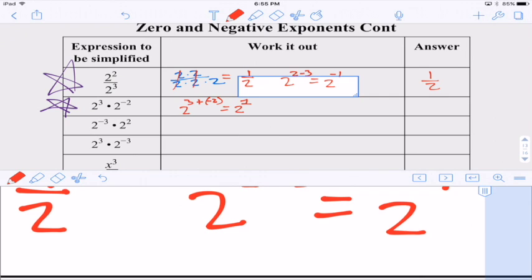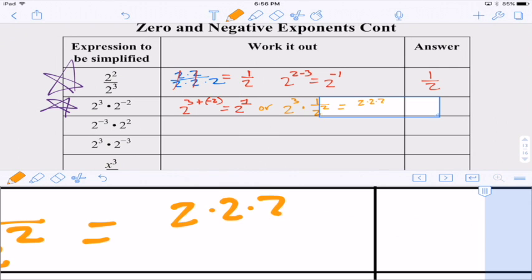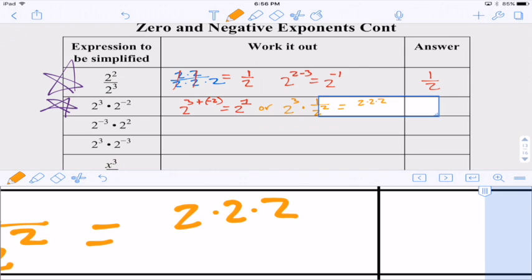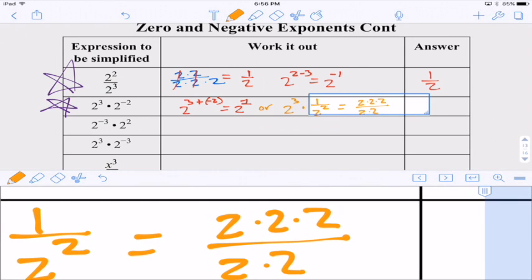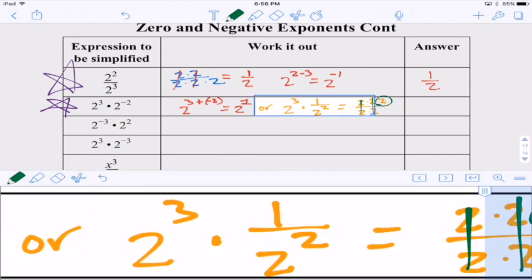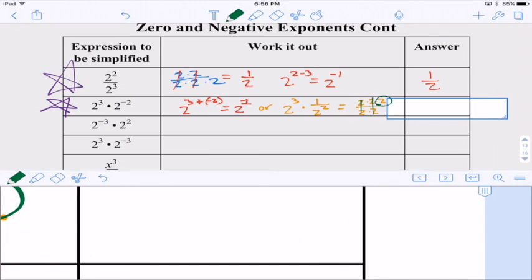Okay, that negative made me flip. So what really happened was we have 2 times 2 times 2, that 2 cubed, divided by 2 squared, and we get some cancellation. Cancel, cancel, we get 2 to the first, which is what we had over here, which is just 2.